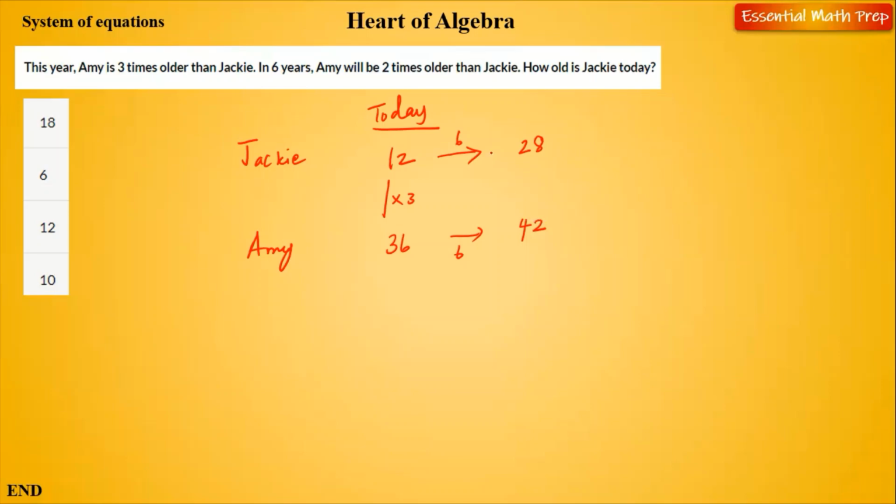In 6 years, Amy will be 2 times. That won't work, right? Well, that's not 2 times, is it?